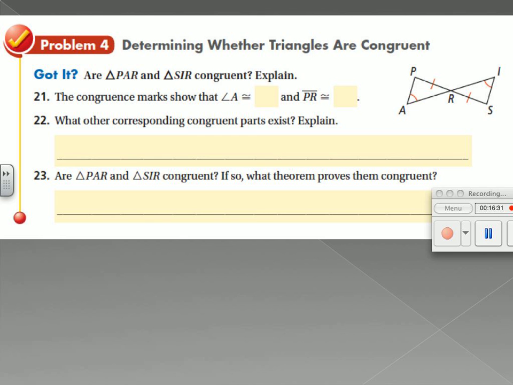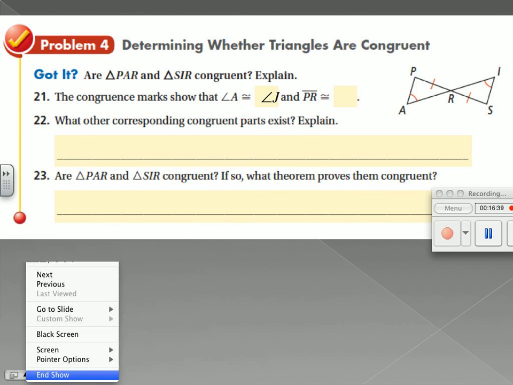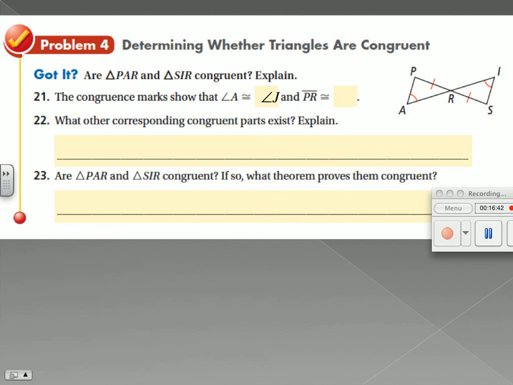Are triangles PAR and SIR congruent? The congruence marks show that angle A is congruent to angle I. See, this is why videos go on longer if we get the letters right in the first place.